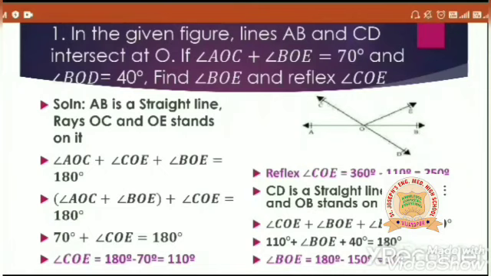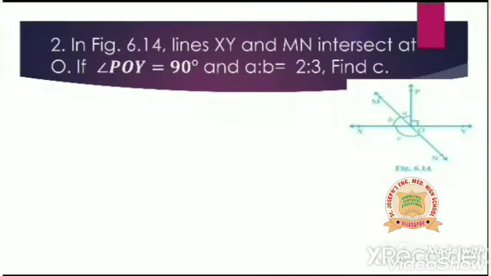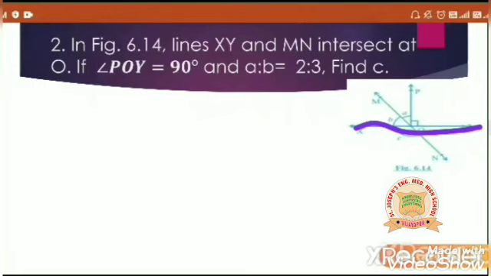In the second question, in figure 6.14, they have given this figure: lines XY and MN intersect at O. There are two lines, XY and MN, intersecting at point O. They have given one angle, angle POY, equal to 90 degrees.